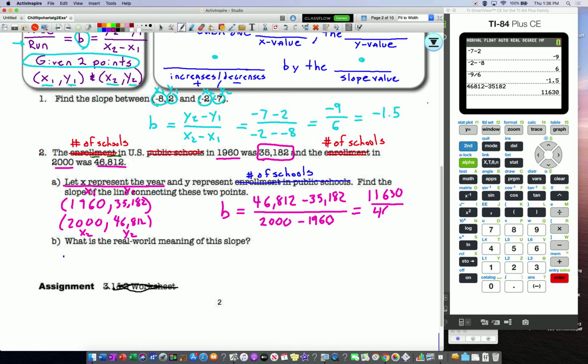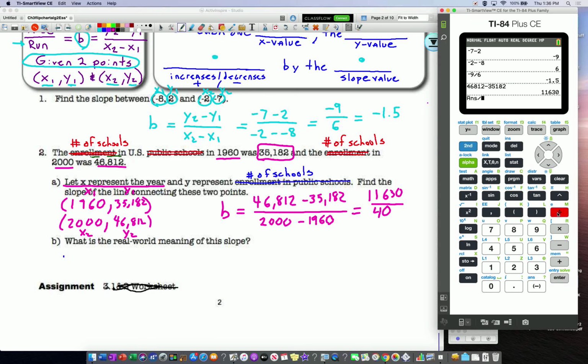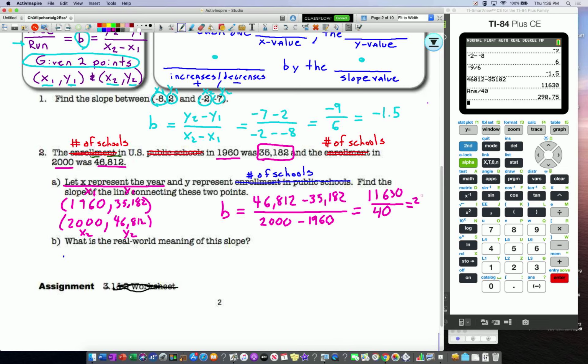Many of you could probably do that in your head and get 40 years. But now if I take that answer, 11,630, and divide it by 40, this tells me how many more schools there are per year.